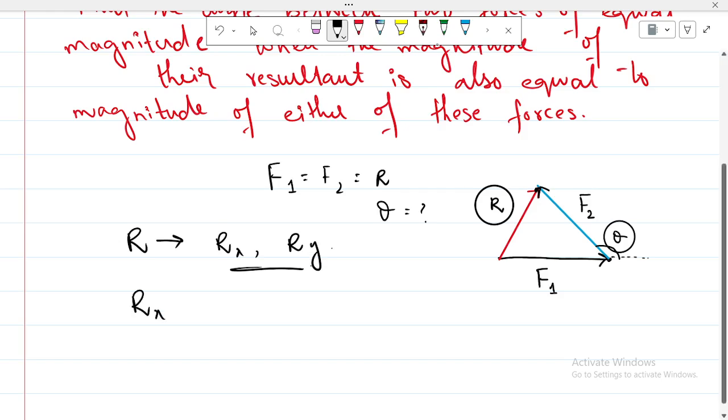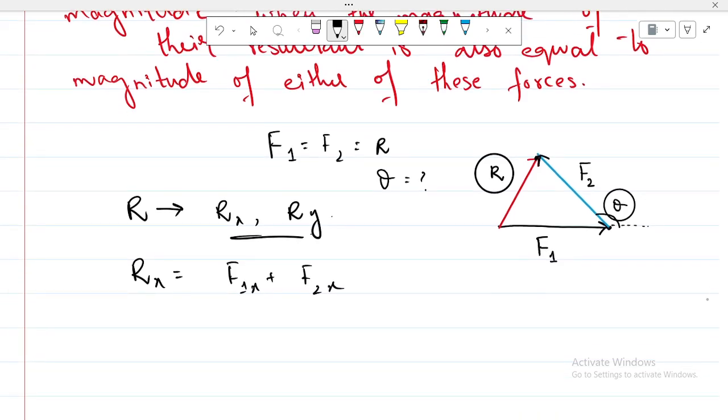Rx, since it is the x component, is going to be the sum of the x components of the two forces that it is made up of, F1 and F2. So Rx is going to be F1x plus F2x, only the x components of the two forces.